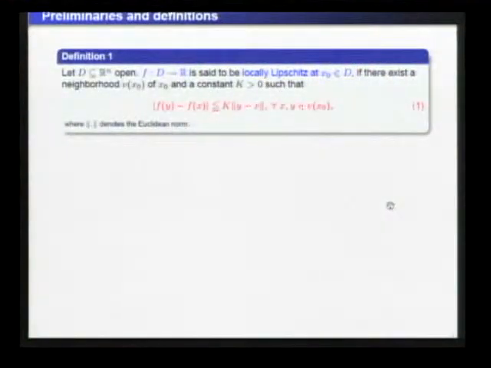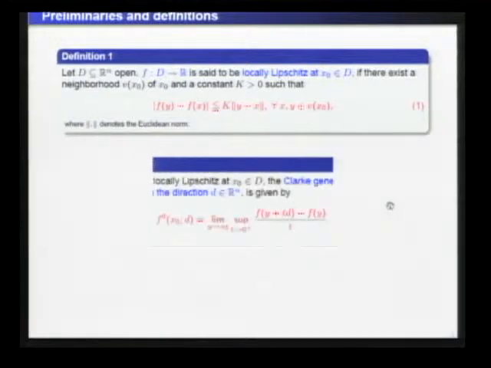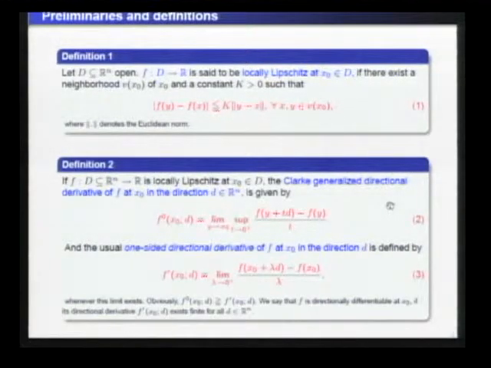Function f is said to be locally Lipschitz at x0 if there exists a neighborhood V(x0) and a positive constant such that relation 1 is satisfied. If f is a locally Lipschitz function at x0, the Clarke generalized directional derivative of f at x0 in the direction d is given by relation 2.